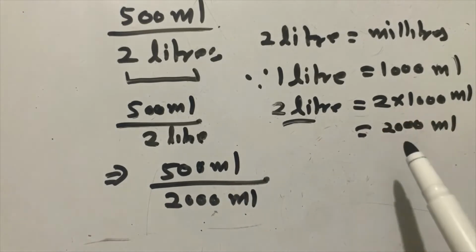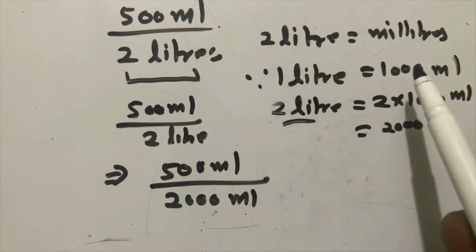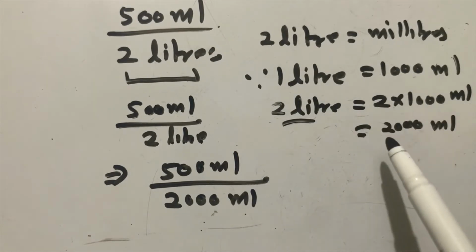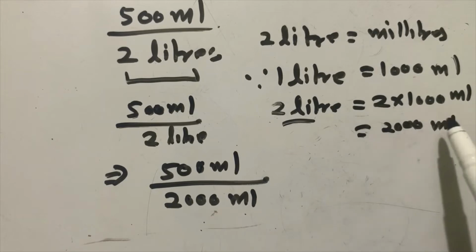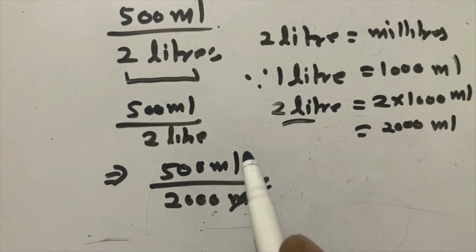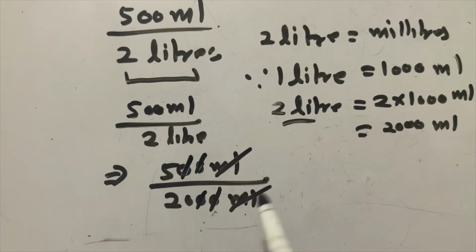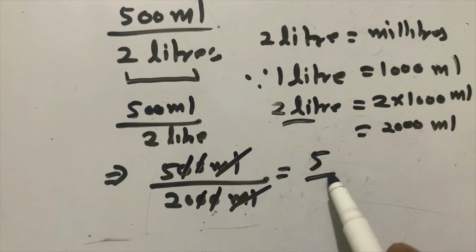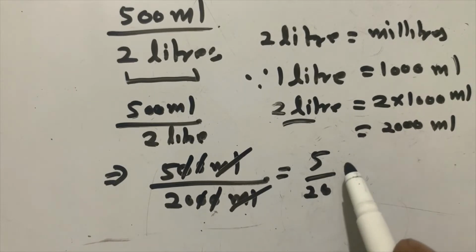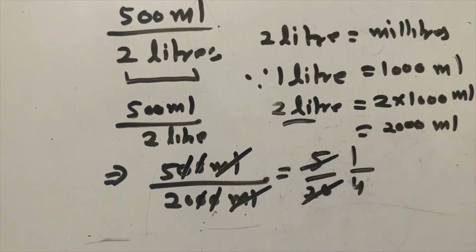We have converted here: 1 liter is 1000 ml, 2 into 1000, 2000 ml. Now this ml will be cancelled. 0 0, this 0 0. We got 5 upon 20, or we will read the table of 5. 5 ones are 5, 5 fours are 20. We got 1:4 is the answer.